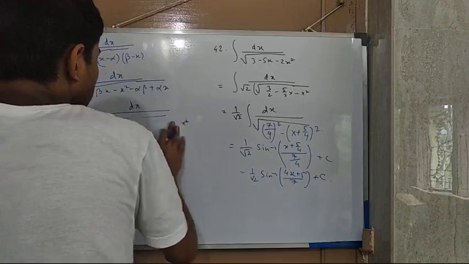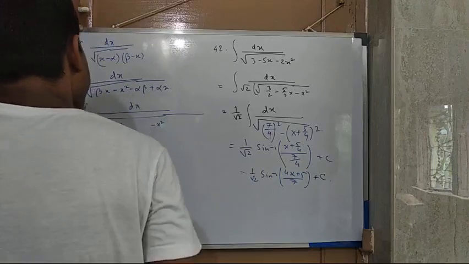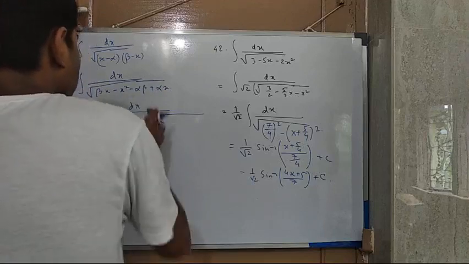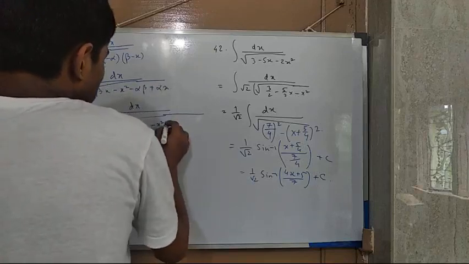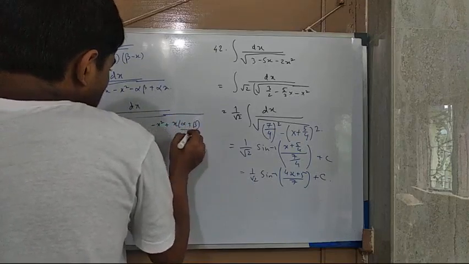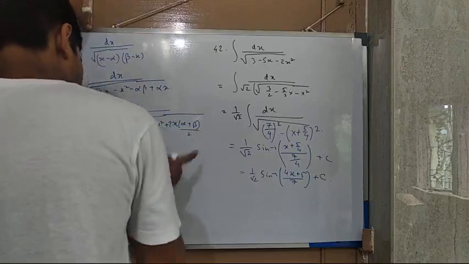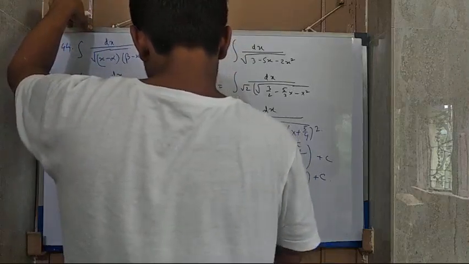Minus x squared, take x out of here, which is alpha plus beta, obviously we have to add a 2.